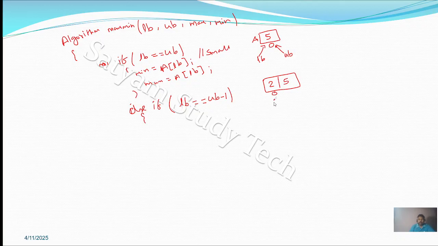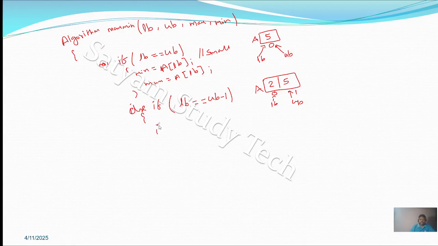Here the first element's index is the lower bound, and 1 is the upper bound. So lower bound is equal to upper bound minus 1: upper bound value is 1, 1 minus 1 is 0. That means the array consists of two elements.